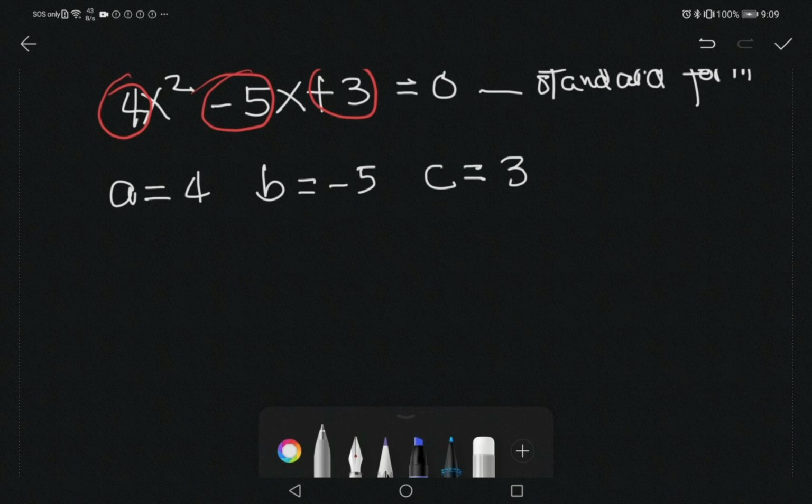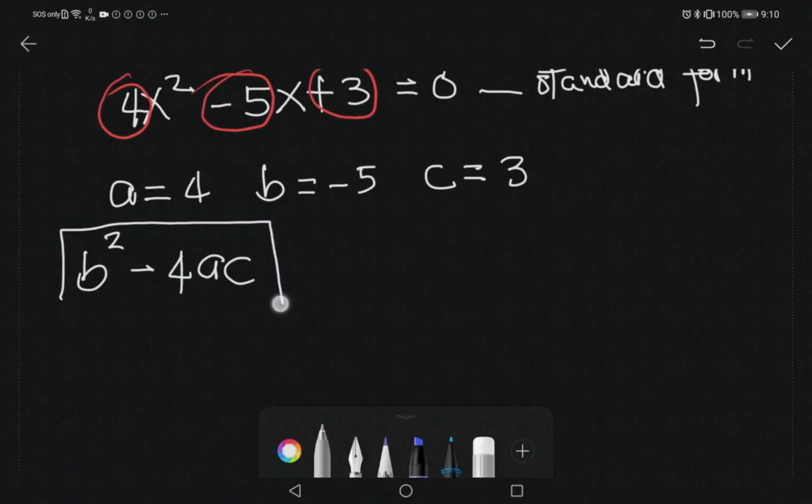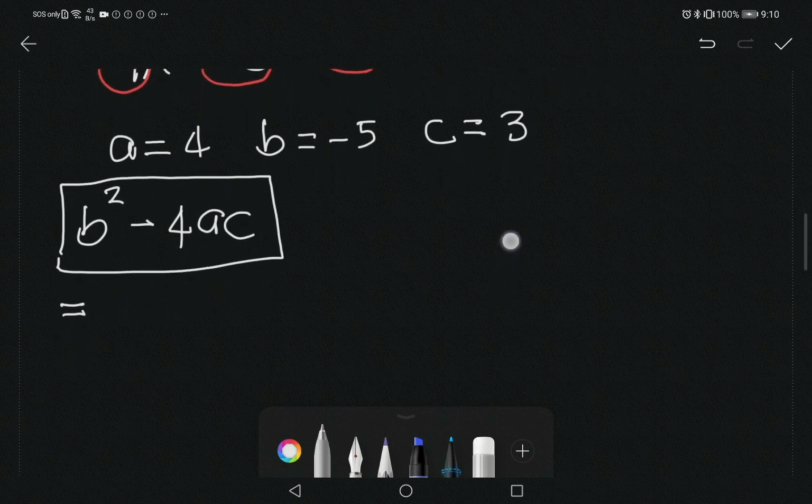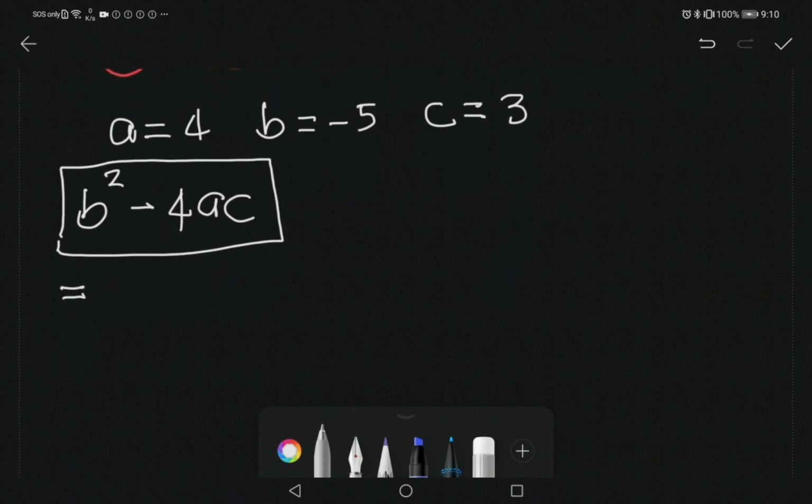Ang formula sa discriminant, mao siya b squared minus 4ac. So, mao na siya ang atong pattern. So, we will substitute ang value sa b.